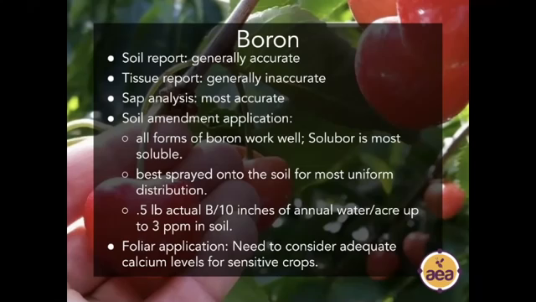For foliar applications, we make foliar applications of boron on many, many different crops. The only consideration to really think about is that we need to make sure we have adequate calcium levels, particularly for the sensitive crops. The symptoms of a boron excess are the symptoms of a calcium deficiency.